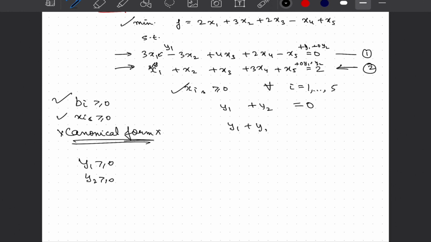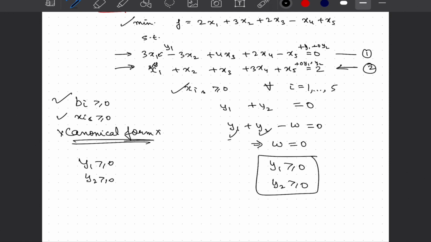Also, y1 plus y2 minus w implies that our w has to be equal to 0. This can only happen if both y1 and y2 are equal to 0, because y1 has to be greater than equal to 0, y2 has to be greater than equal to 0, and sum of two non-negative numbers can be equal to 0 if both of them are equal to 0.